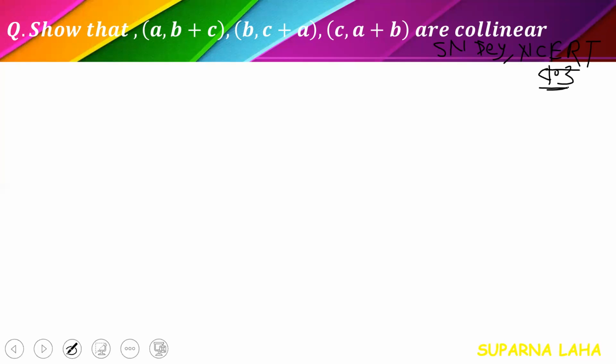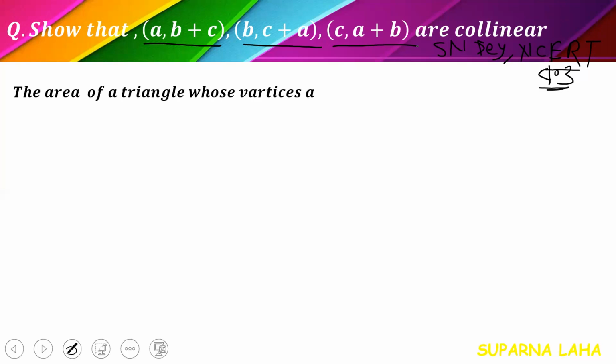That means the area of the triangle whose vertices are (A, B plus C), (B, C plus A), (C, A plus B), these 3 vertices, should be 0. Right? So firstly, write down this determinant, by which we can define the area of a triangle.